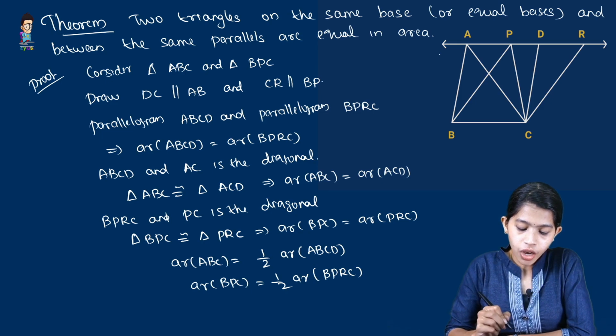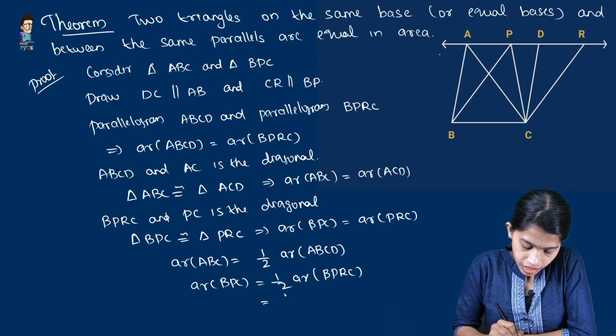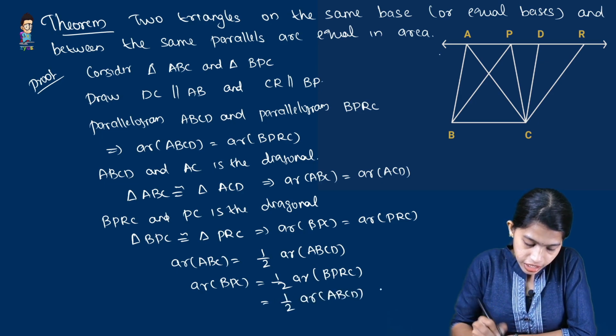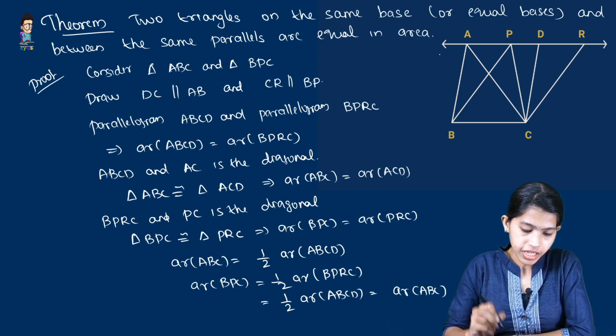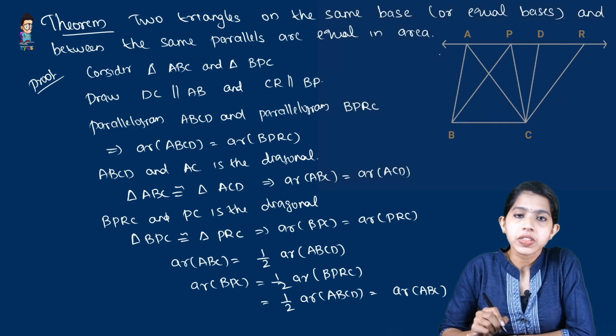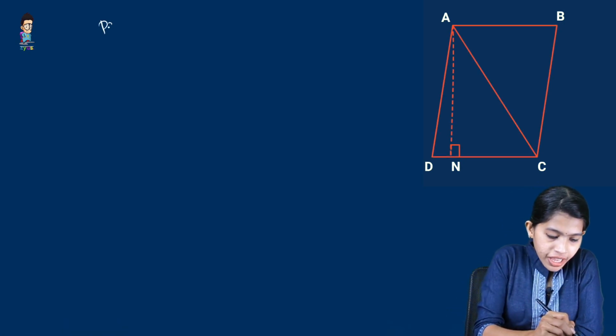Since area of BPRC is equal to area of ABCD, we can write this is equal to half the area of ABCD, which is equal to area of ABC, that is area of the triangle BPC and ABC are equal. Now consider the parallelogram ABCD.